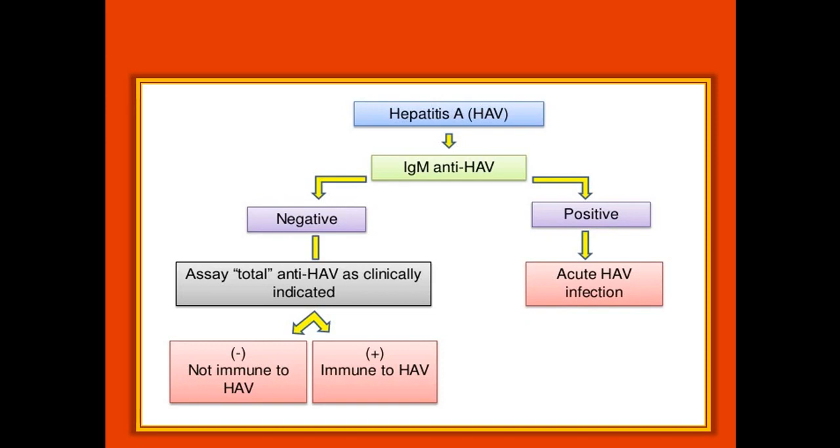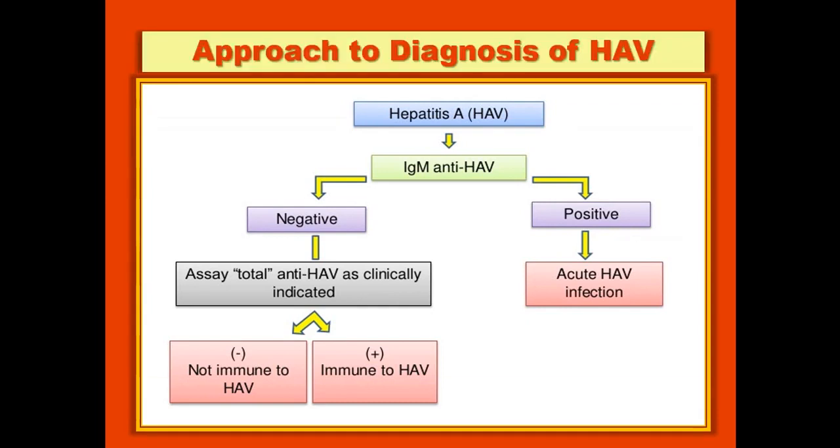So if we find IgG positive, this means the patient is immune to the virus, and the immunity may come from past infection or from immunization, that means vaccination. But of course, if there is no IgG and no IgM, this means the patient didn't contract the infection. So this is the approach to diagnose hepatitis A virus infection.